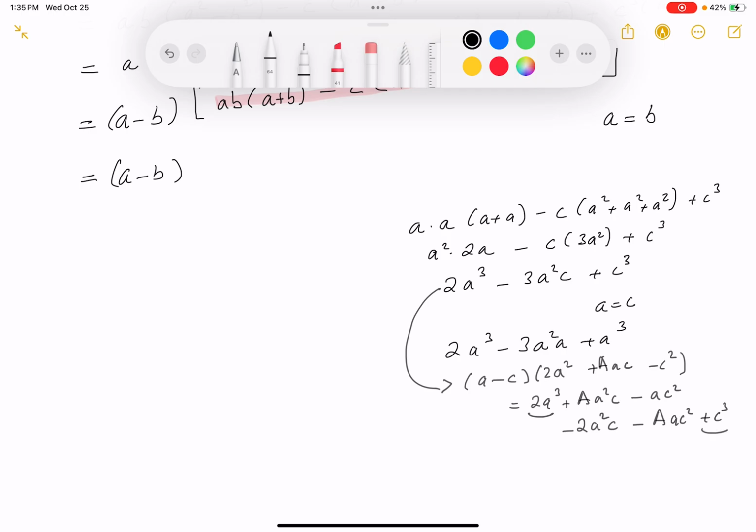Well, I know I wanted this and this over here, and then my question is, what am I looking for? I'm looking for minus 3A squared C. So if I were looking at this right over here, what would I want the A to be? I want the A to be minus 1. Let me just put that in for you now. We got that part covered.